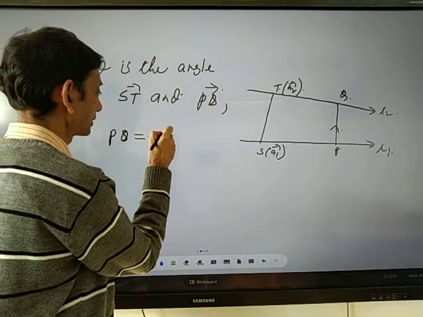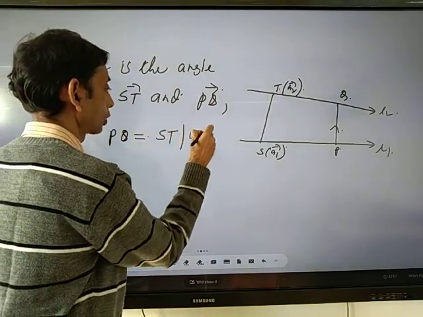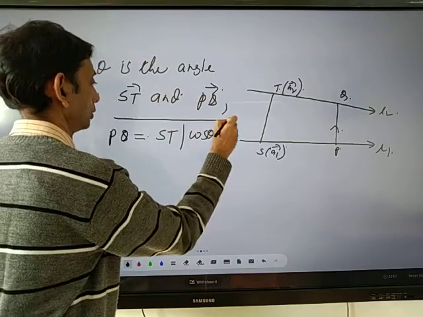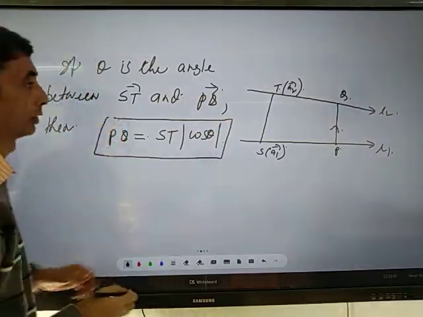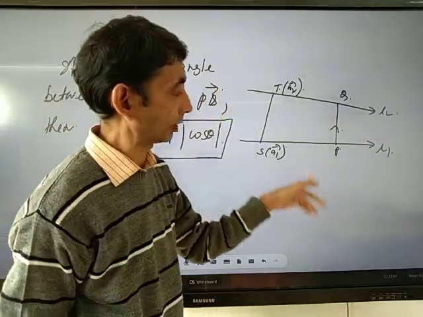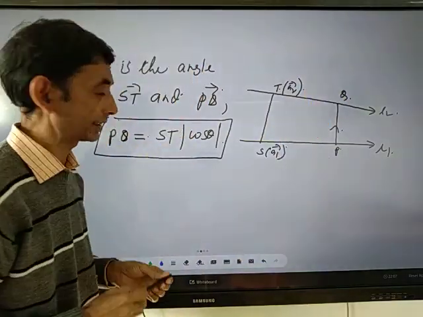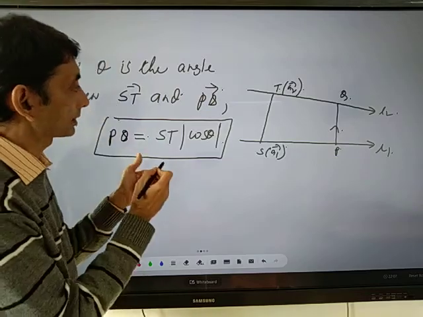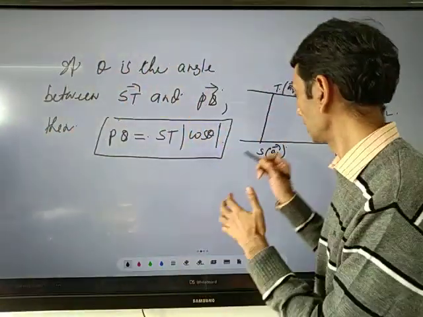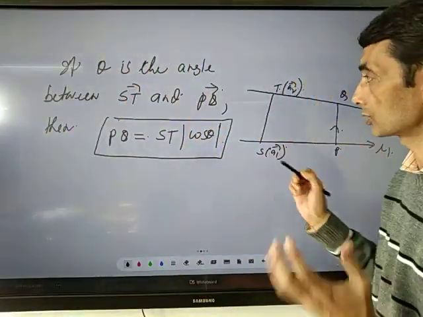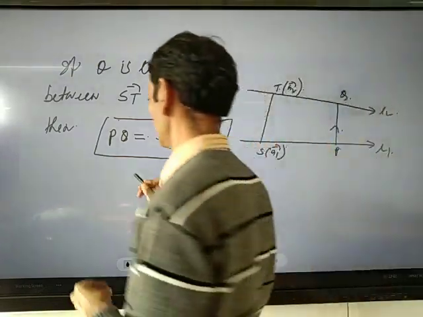PQ we can write as ST cos theta. This is the projection of ST along the direction of PQ. So PQ is equal to ST cos theta. Now since theta is the angle between vector ST and PQ, we need to find the value of cos theta.